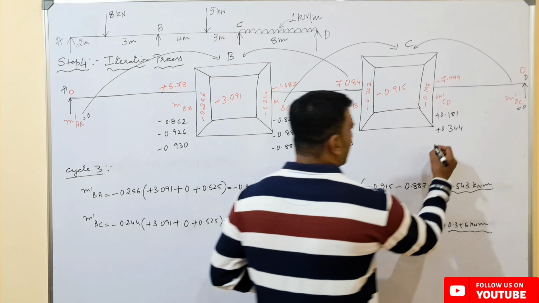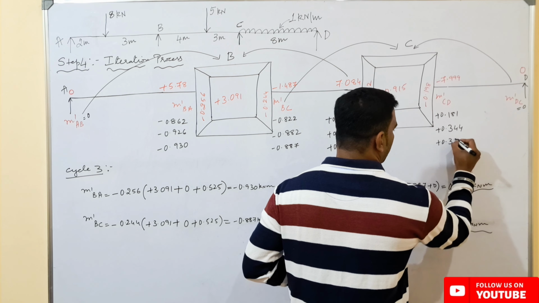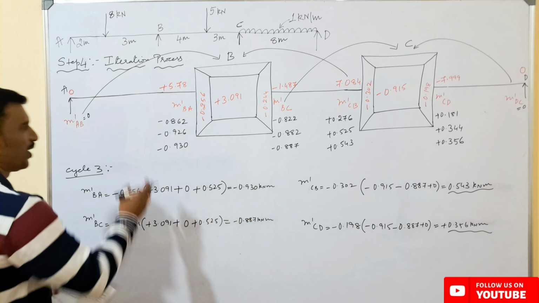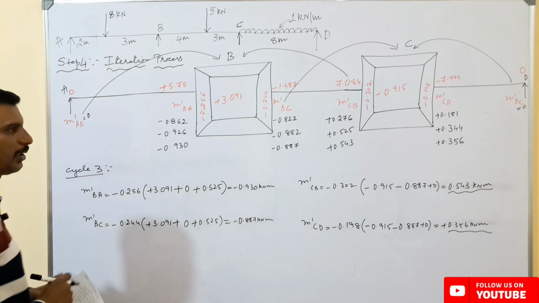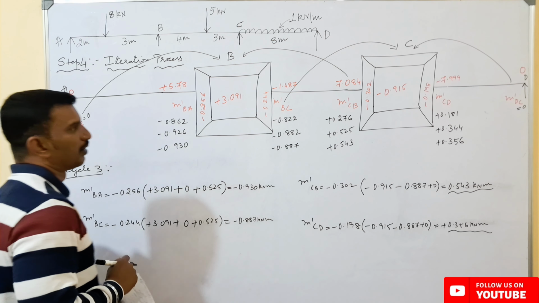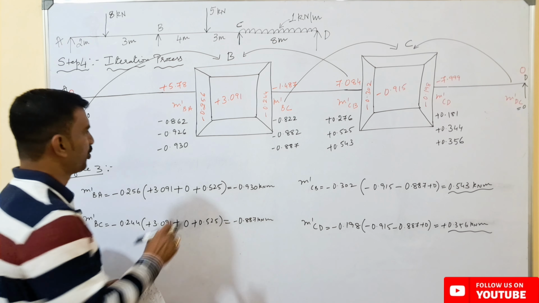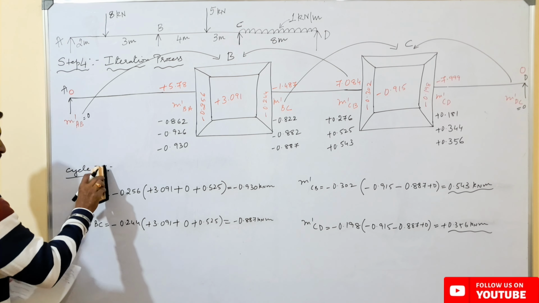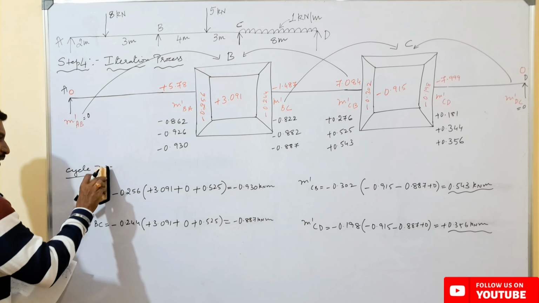So this value we write here, plus 0.356. We can observe over here that almost the values are similar in each. The value of rotation contribution is almost similar. So we shall see one more cycle, maybe we will get similar values.